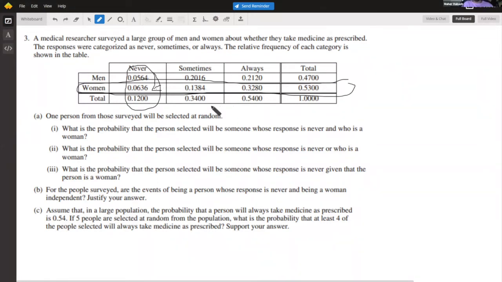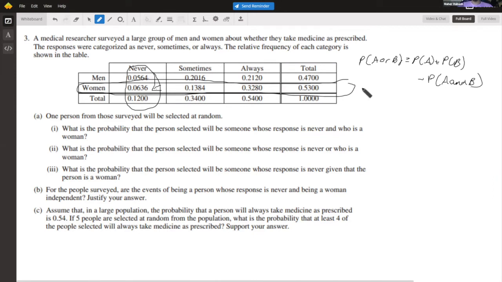But yes, there is a formula. They'll give it to you in the beginning of the test anyways. The probability of A or B equals the probability of A plus the probability of B minus the probability that A and B both occur together.